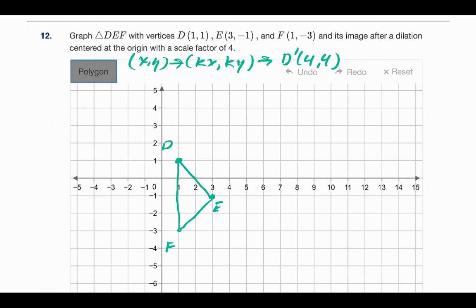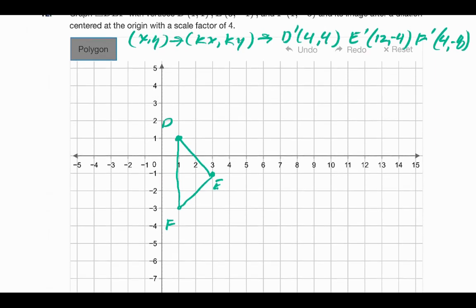Similarly, our E prime would give us 12 and negative 4. And our F prime would give us 4 and negative 8, because again, I just multiplied everything by 4.